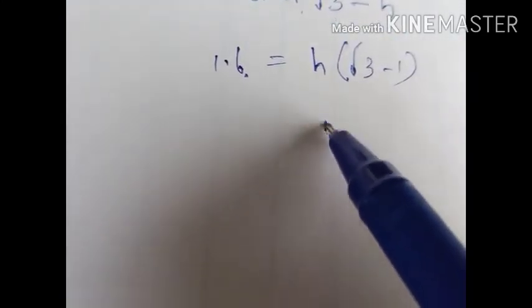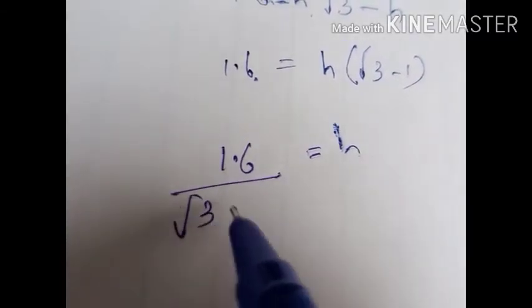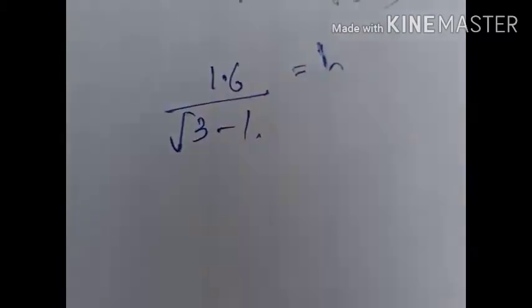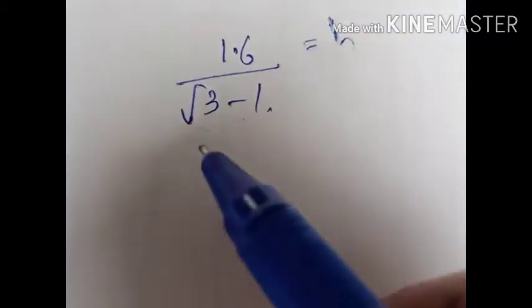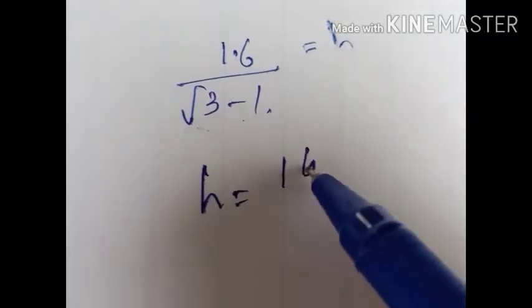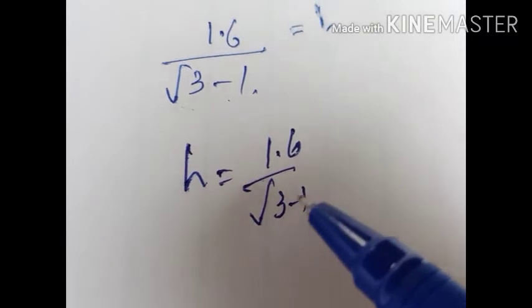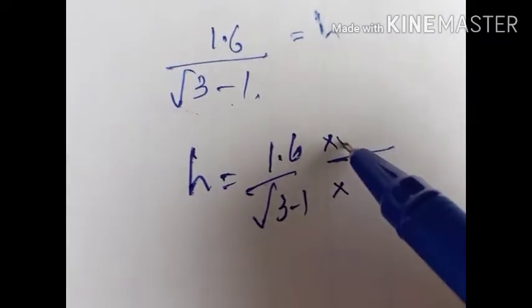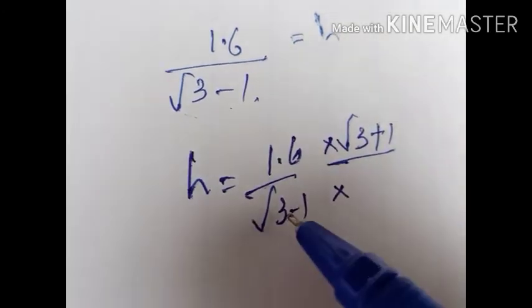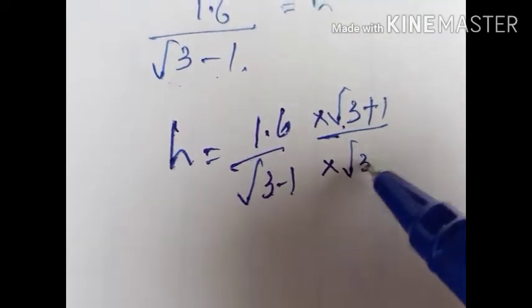So h equal 1.6 by root 3 minus 1. Here the denominator is an irrational number, so we should rationalize. To rationalize this, we can multiply both the numerator and denominator by root 3 plus 1.